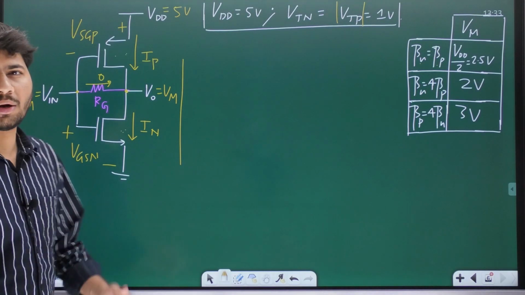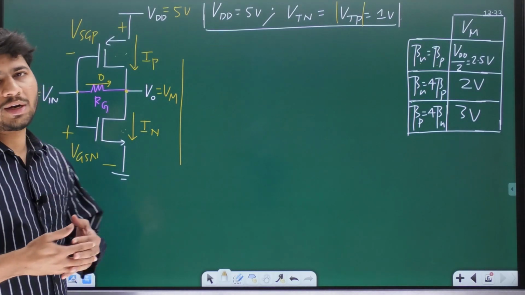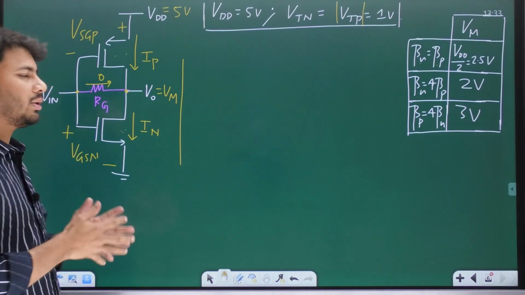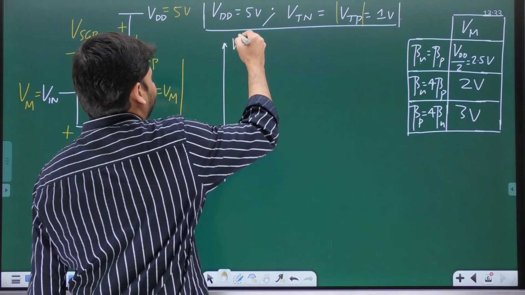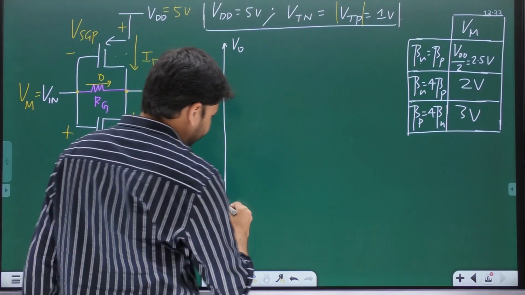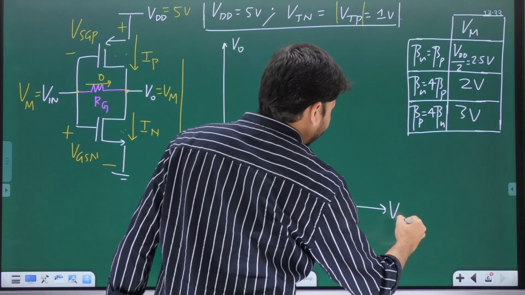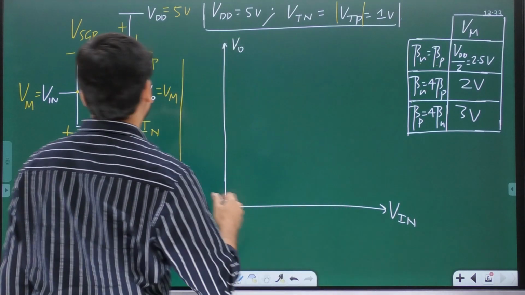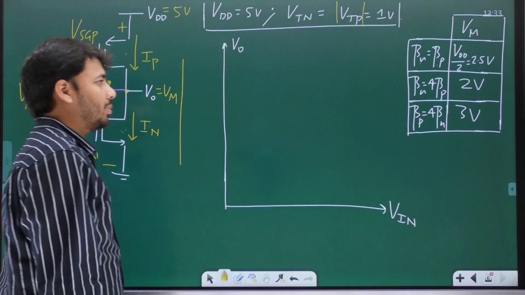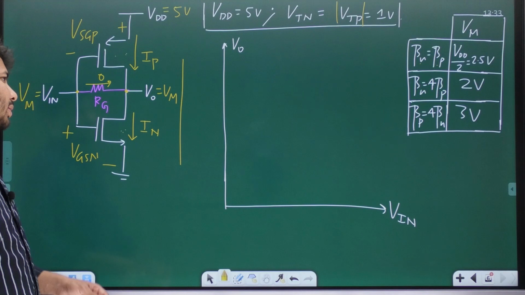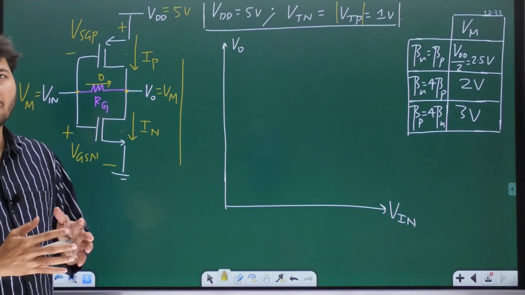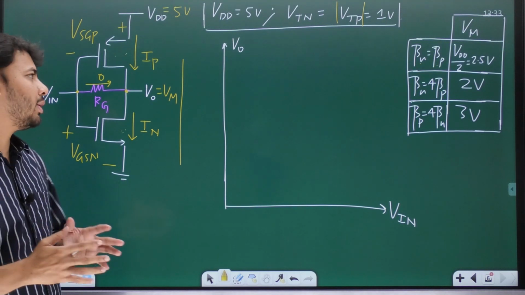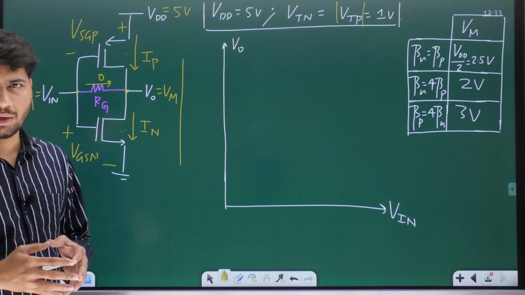Okay. So let us now try to plot the voltage transfer characteristic in the 3 cases. VTC means the plot between V0 and Vin. Now for the first case where beta n is equal to beta p, that is both the transistors being matched, the switching threshold is VDD by 2, which is equal to 2.5 volts.